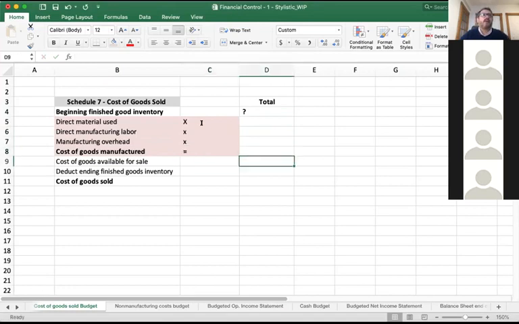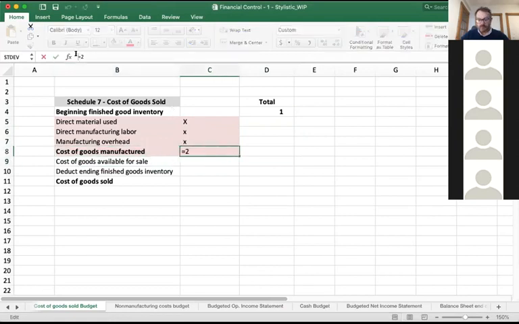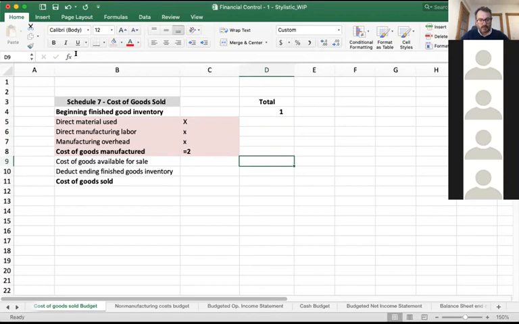So cost of goods available for sale is that is 1 plus 2. Okay, and that's 3, and 4 is equal to 2 minus 3. Okay, so of course it's in total, so it's in dollars.